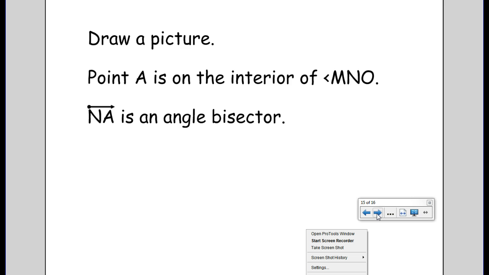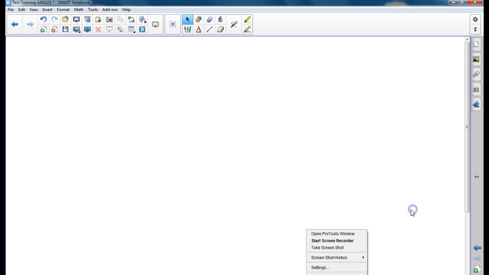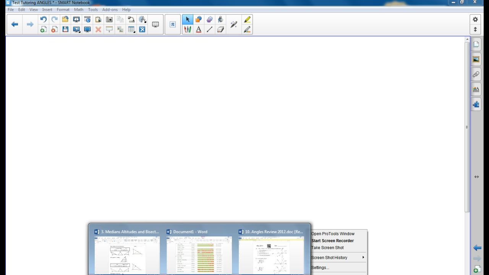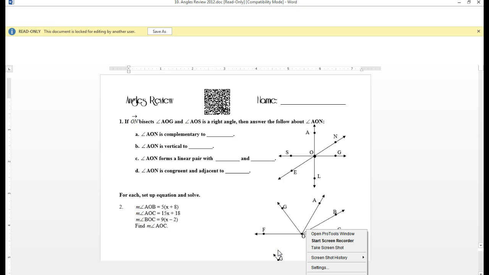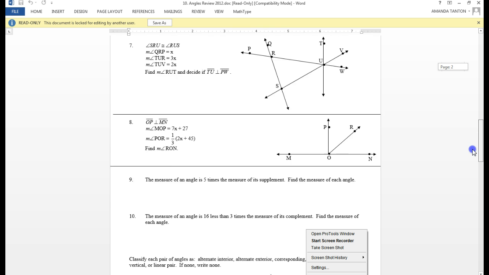Okay, what can I work on from the review sheet? Give me a problem, and I can talk about it. Number 10. Number 8. Well, okay, that's way too many, guys. I'm starting with 10.